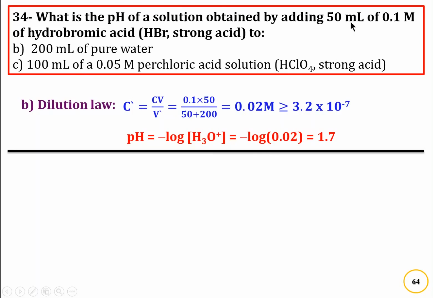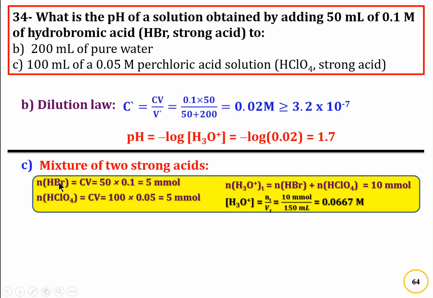Part C: we add a strong acid to another strong acid. So in the reaction system, we have two strong acids, and pay attention that we have the dilution effect. So we have a mixture of two strong acids. The number of moles of HBr is equal to 5 millimole.